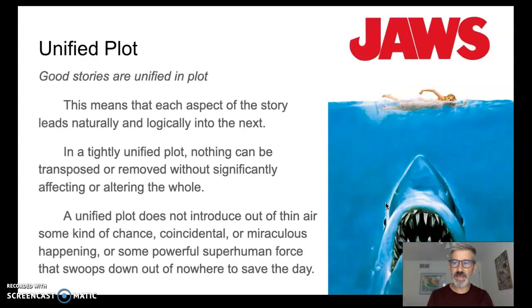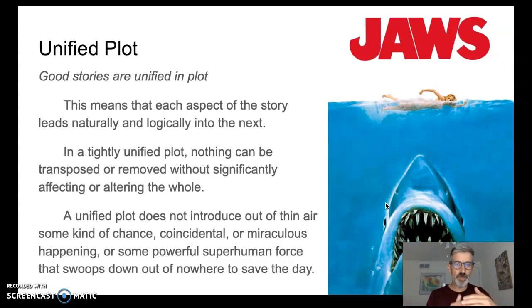This falls into the category of a good story needing a unified plot. This is how we get the story to work together without straying at all. Good stories are unified in plot, and what this means is that each aspect of the story leads naturally, one step leading logically to the next. As it says here, in a tightly unified plot, nothing can be removed without significantly altering the whole.